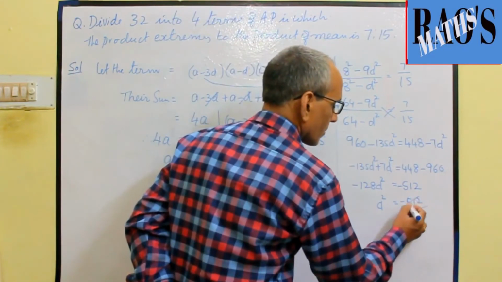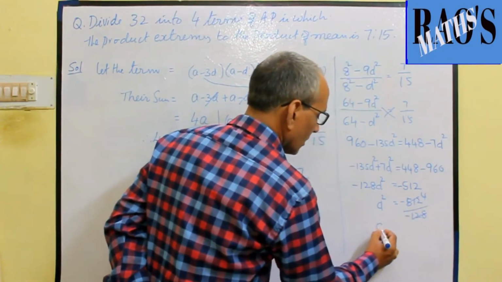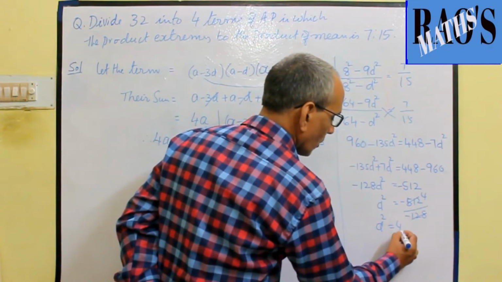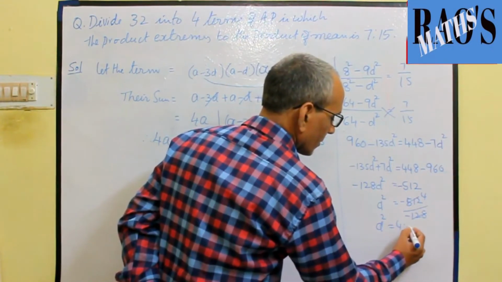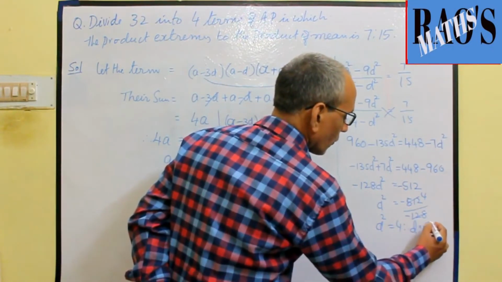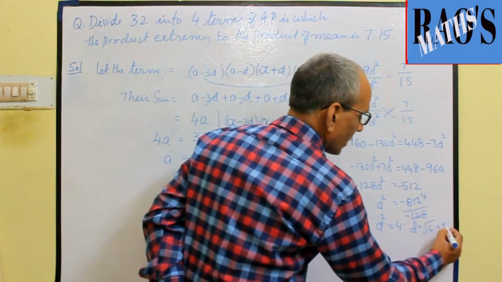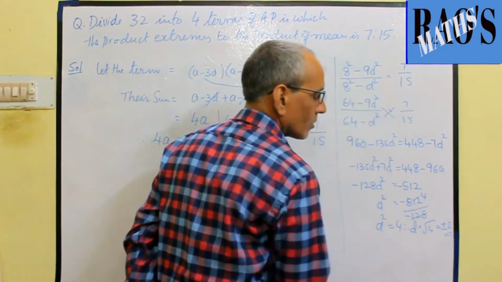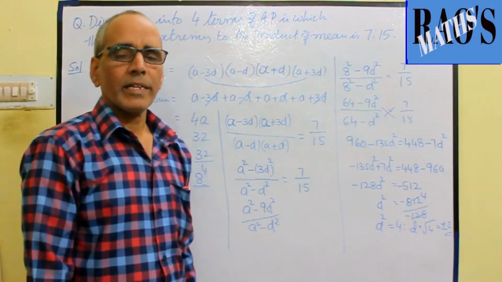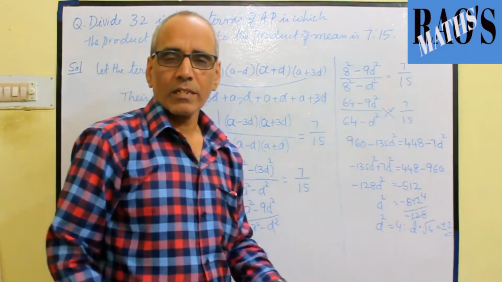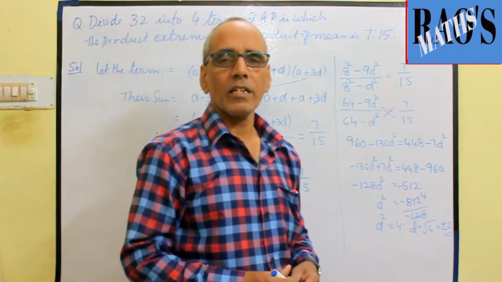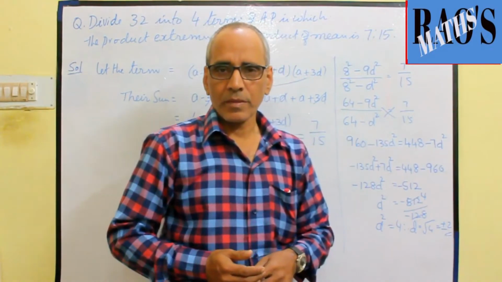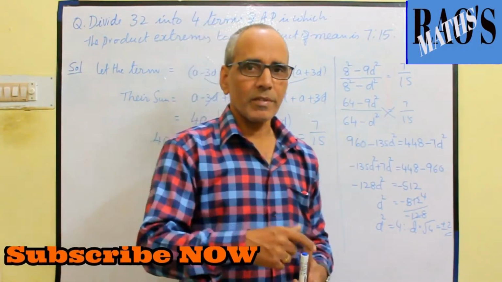So we got D square is equal to 4, whereas D is the root of 4, which is plus or minus 2. By taking D positive value, we get 1 AP, and negative value 1 more AP. This is already discussed in the previous questions.